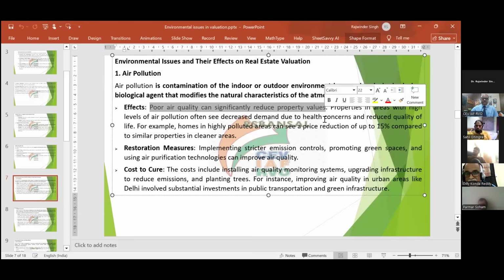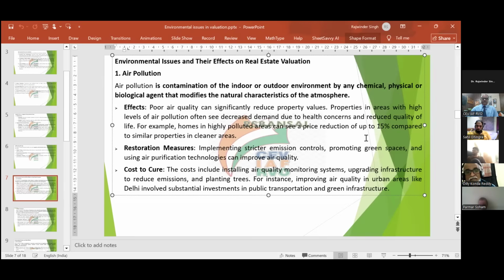The aim is not to study environmental issues, but to study their effect on property values. Of course, it will reduce the property value if the quality of air is poor.